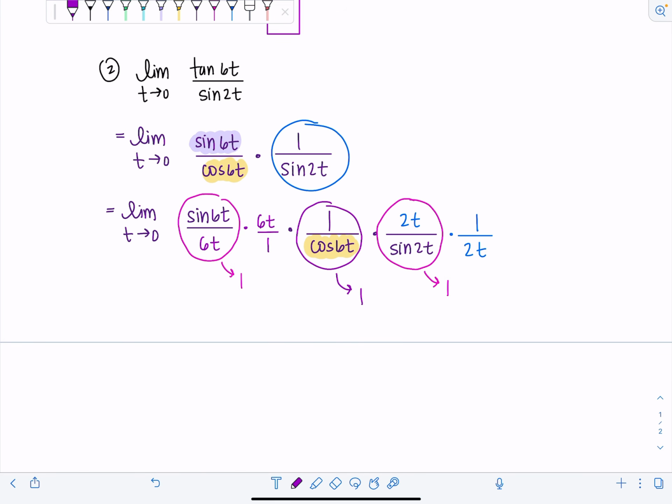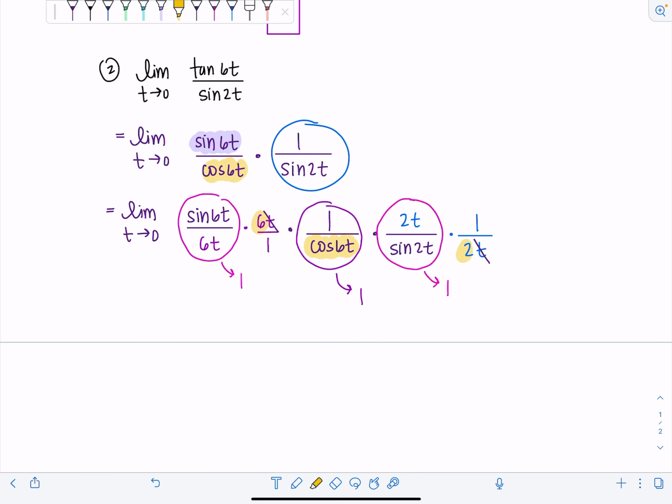Okay, anything else you notice? I'm observing that I can cancel out a t in the numerator with a t in the denominator. And all I'm left with now are 6 and 2 from those terms. No more variables.